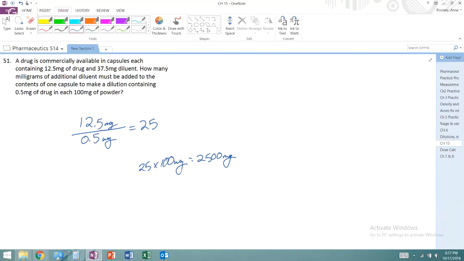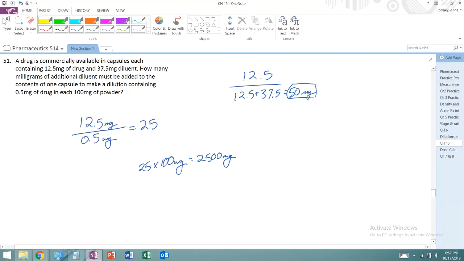But then we already have, so we have currently 12.5 plus 37.5, that is 50 milligrams. So that's what we currently have. So we don't need to add that 50 milligrams.